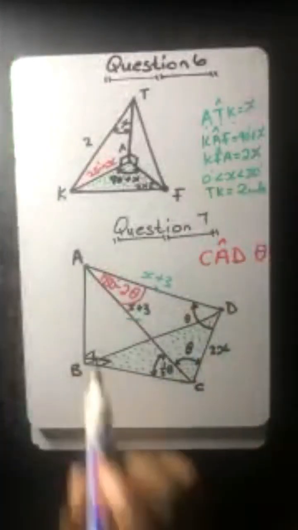So let's see. Now we move on to 7.3, which says if it is given that x is equal to 2, calculate AB, which is the height of the piece of wood.